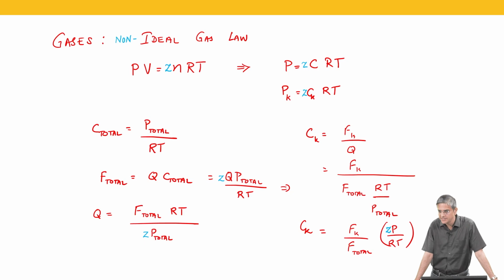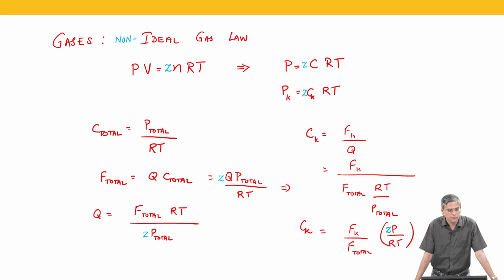Okay, this slide is there for you. Whether you want to go with this slide or whether you want to go with what is there in Davis and Davis, or Froment and Bischoff, or you are more comfortable with your undergraduate book, the choice is completely up to you.